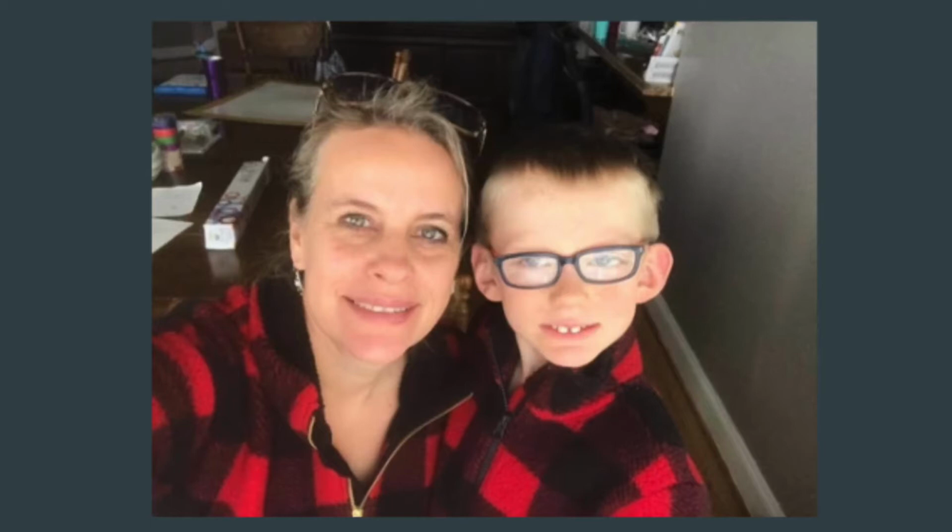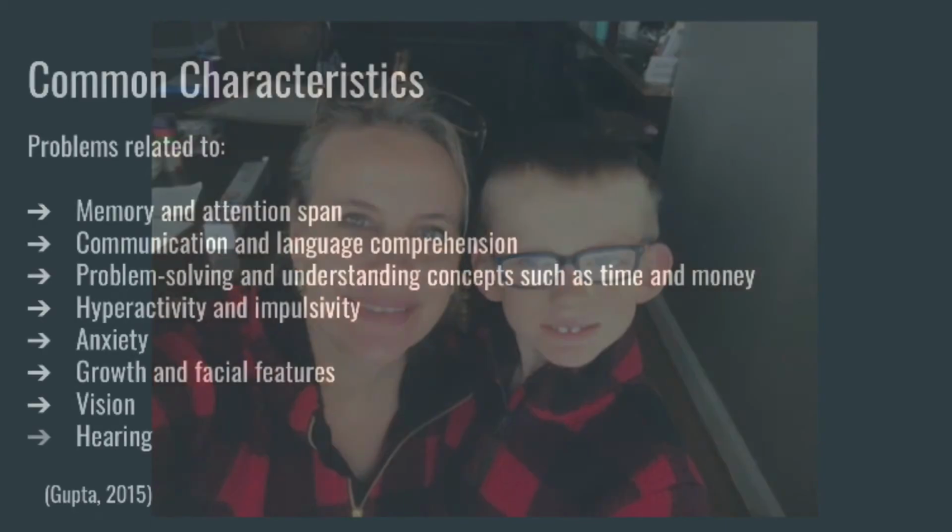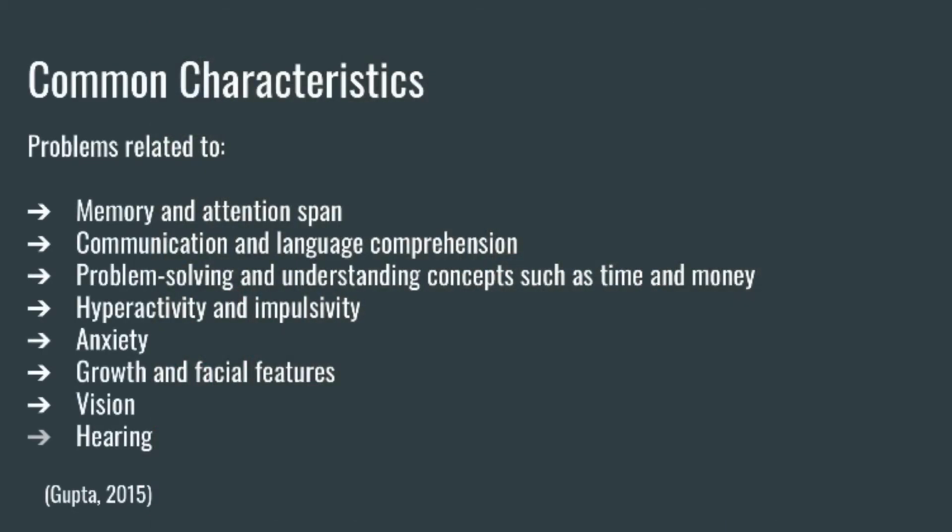So this has a little place in my heart because he is so amazing and so different from everybody else, but that is what makes him so special. He's just so awesome.